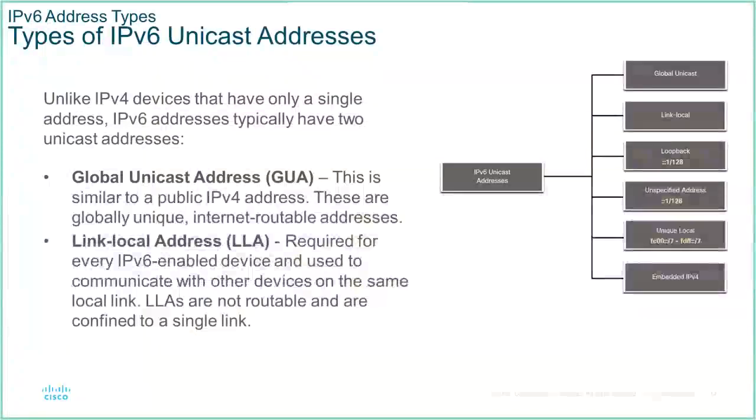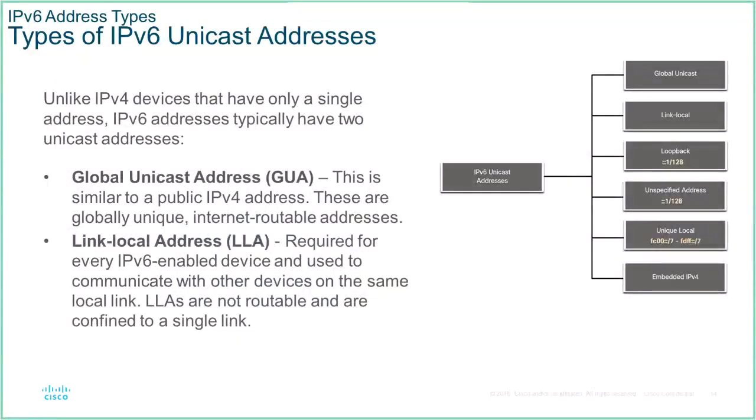So basically we have a global unicast address and a LinkLocal address. A global unicast address is the one that is assigned to the interface and is routable via the internet and every other network.